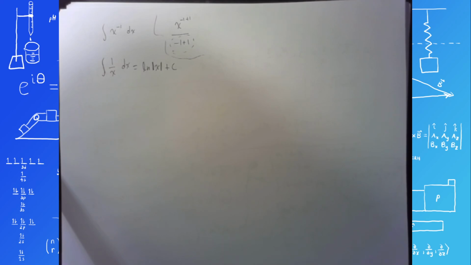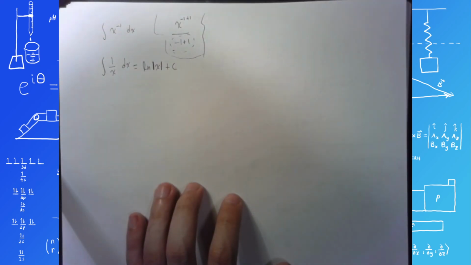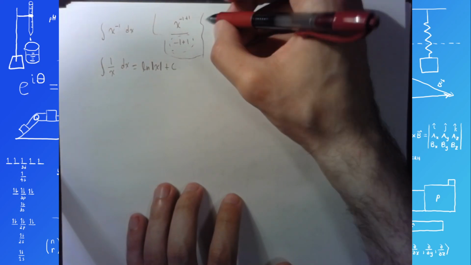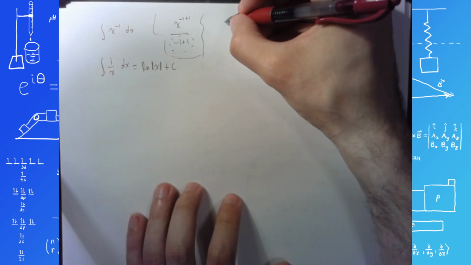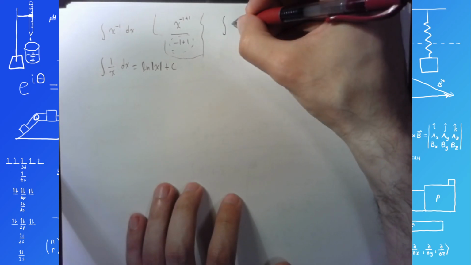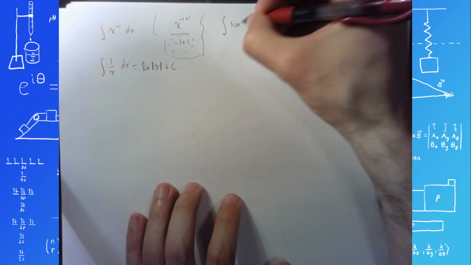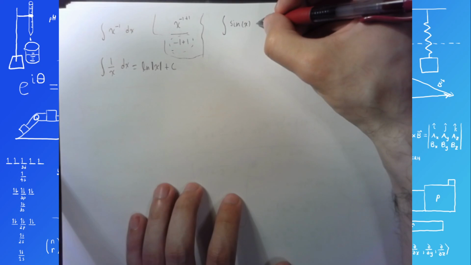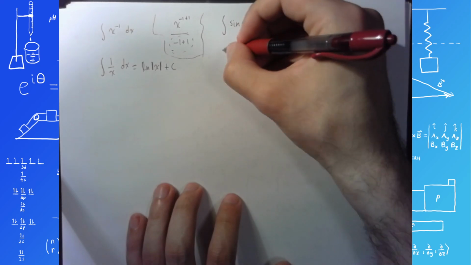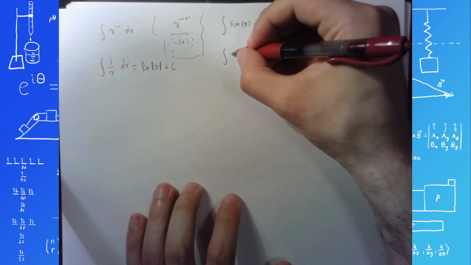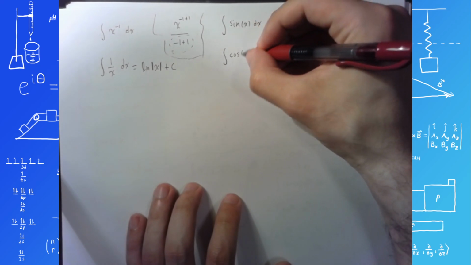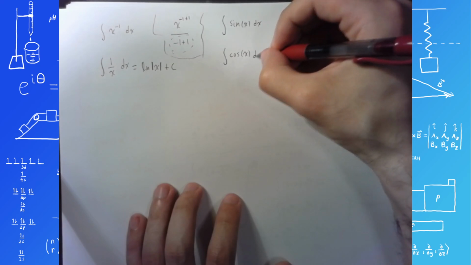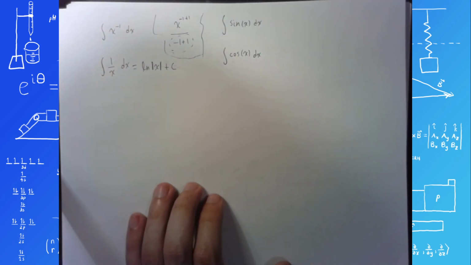And we will deal with sines and cosines at a later time, I guess. But, well, I can talk about that here. The power rule also doesn't work for functions that are not power functions. For example, the integral of something like sine of x or cosine of x, these don't follow the power rule at all.